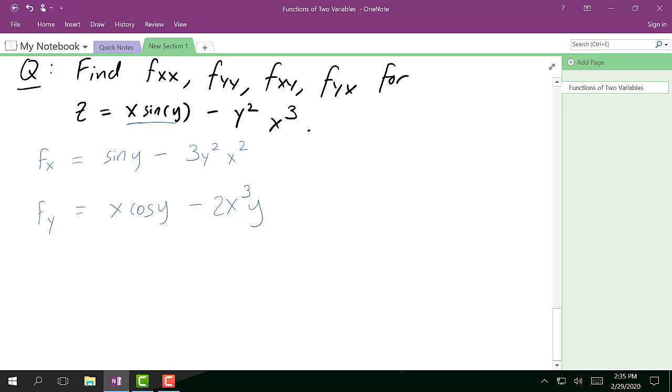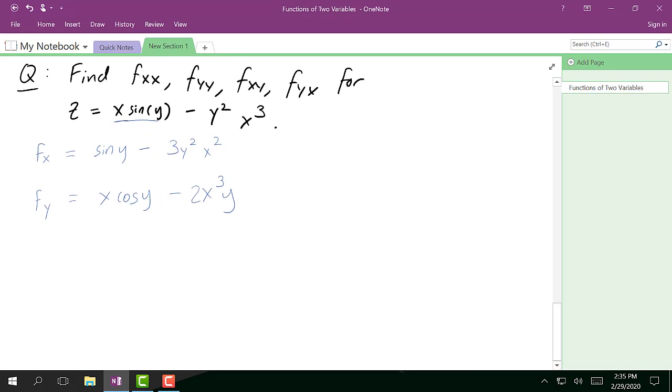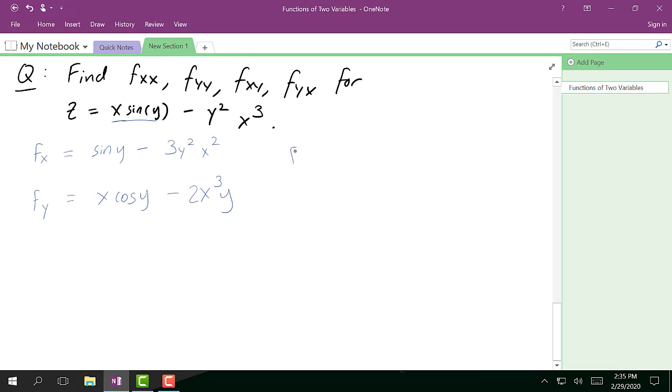Okay, so now from here we can find our higher order partial derivatives. We want to find fxx. We take this function and take its derivative with respect to x, which gives us negative 6y squared x.